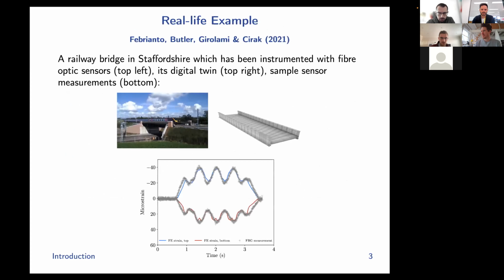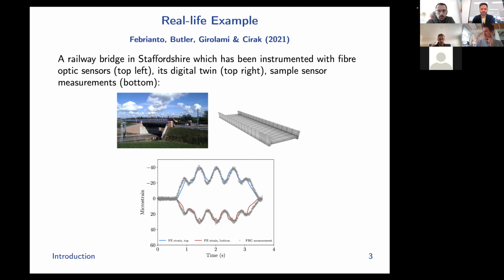Just to give you a real-life example, this is taken from someone else's work. We have a railway bridge in Staffordshire that has been instrumented with fiber optic sensors to measure strain.